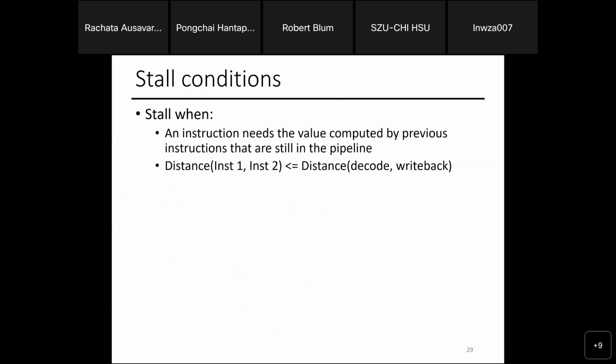In this case, instruction 1 generates something for instruction 2. If the distance between the two dependent instructions is less than or equal to the distance between decode and write back, you stall. The idea is you have to stall until the register file is updated, and that's when you can move in the cycle following that. All right, with me so far?